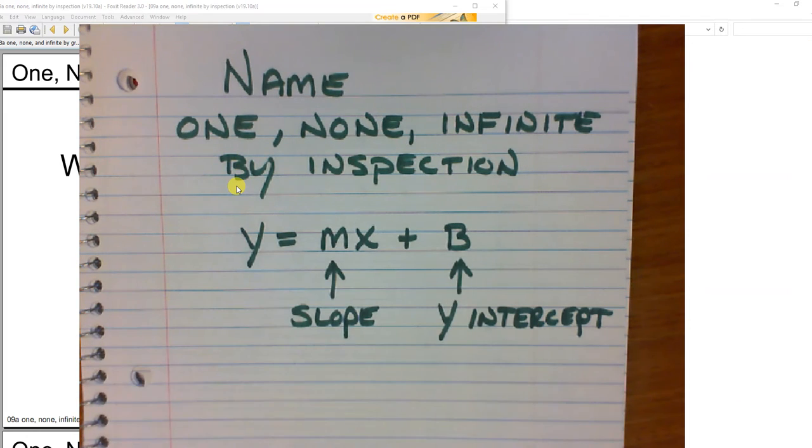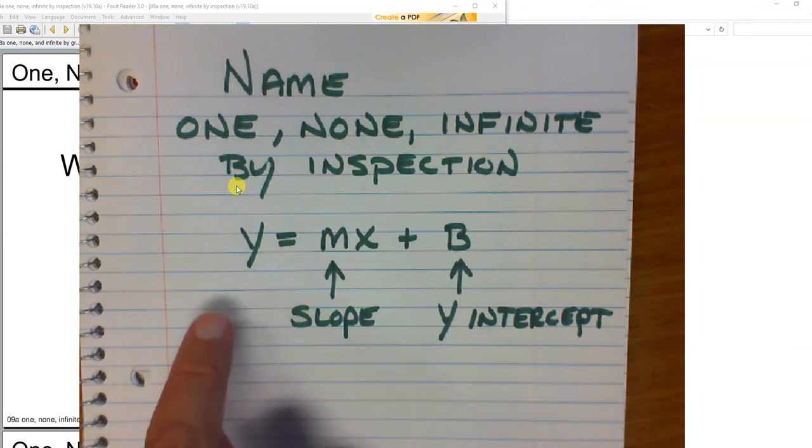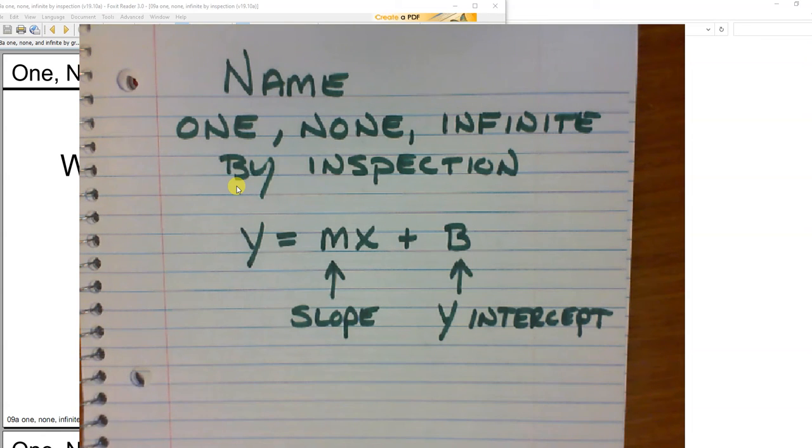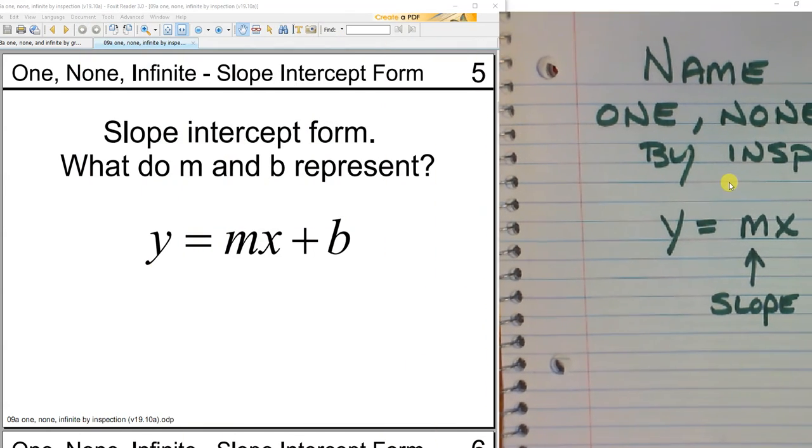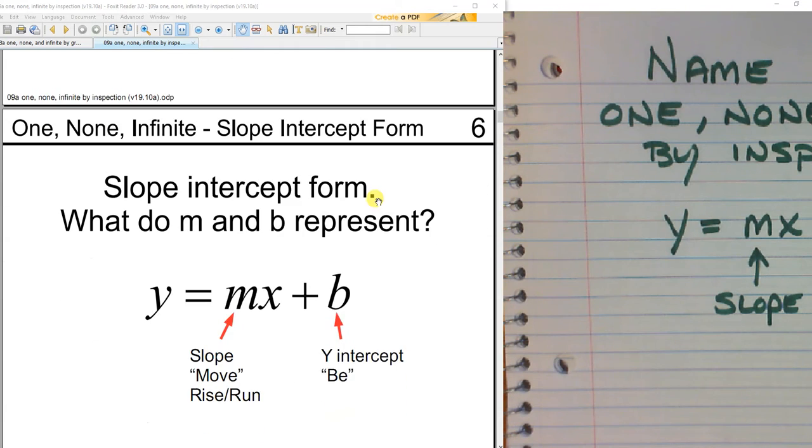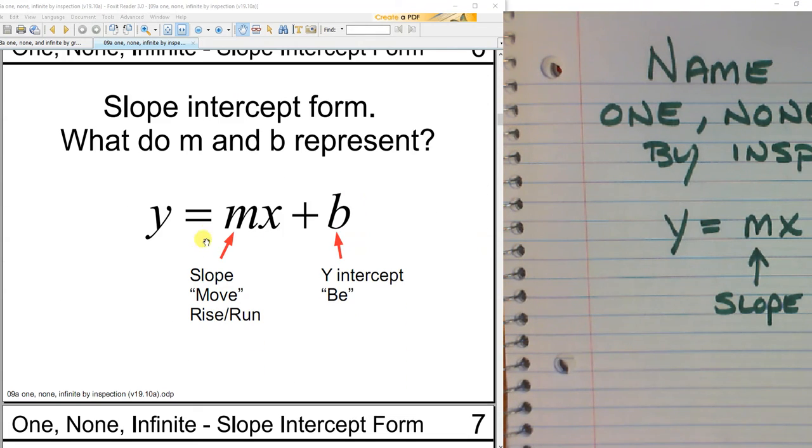And if I have those two things, I can tell if lines are going to cross, be the same line, or if they're going to be parallel. So as long as I have y equals mx plus b, I've got everything I need. So I have my slope, my rise over run, and my y-intercept, my b.